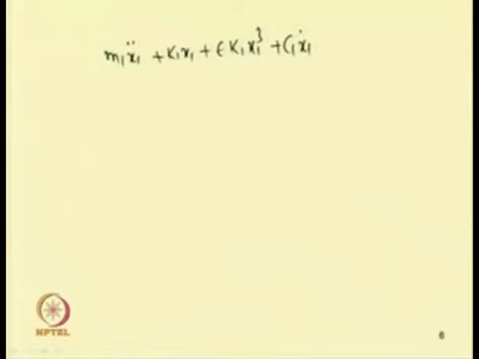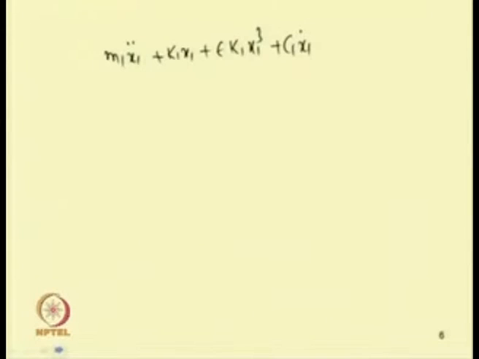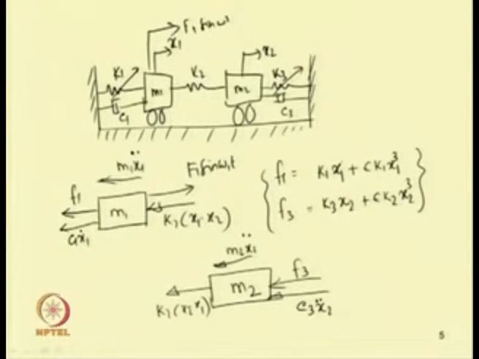So, if I am applying a force, let me apply a force capital F1 sin omega t. So, that force will be equal to F1 sin omega 1 t. So, I can write this equation equal to F1 sin omega 1 t. So, this way one can write the first equation, and the second equation can be written from this.